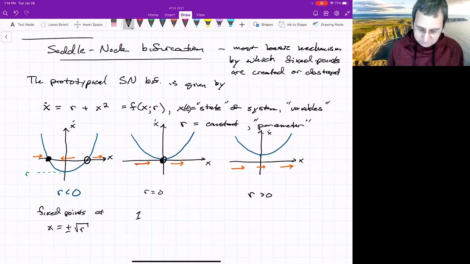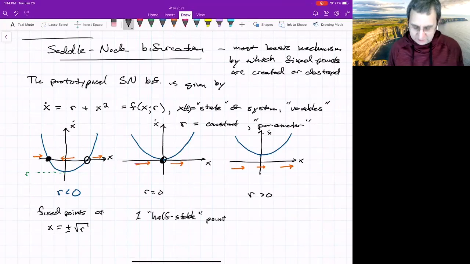So we might say for this middle case, R equals 0, there's one half stable point. And that's kind of a weird situation. Seems like it's not the generic case. And over here we have 0 fixed points.